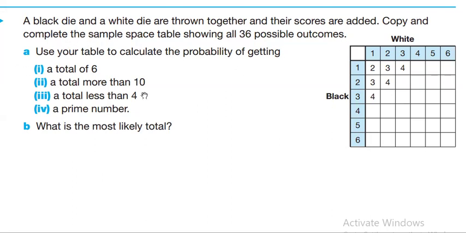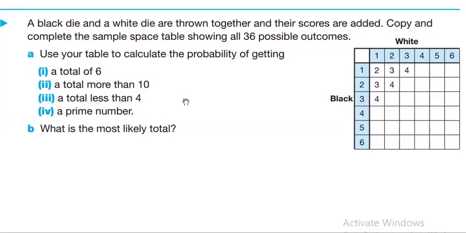So first thing we do, we have to complete the table by adding the scores together. Focus on the questions, make sure that you read the full question before you start answering. So first, we understand that we have to add the scores. Sometimes questions come in a different way. They might ask you to multiply the scores.